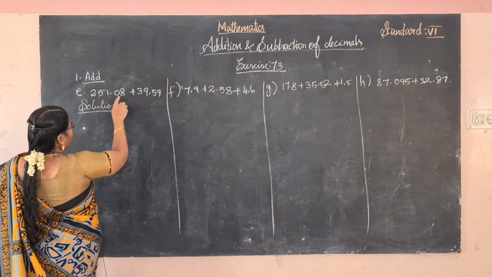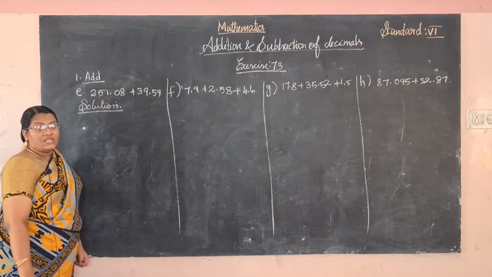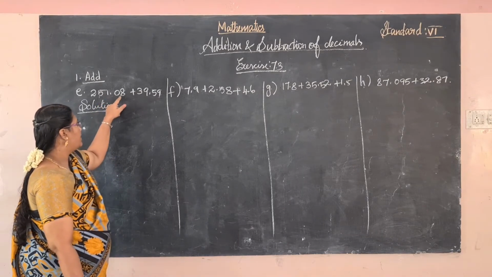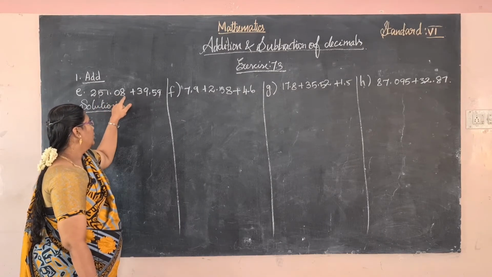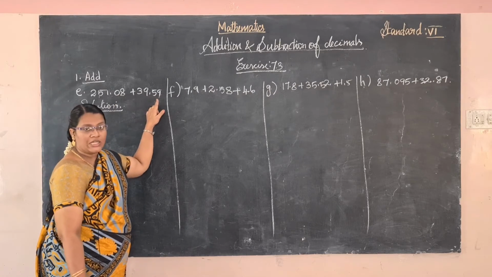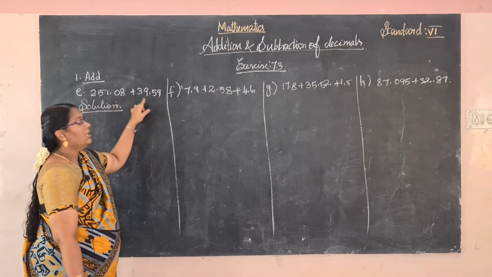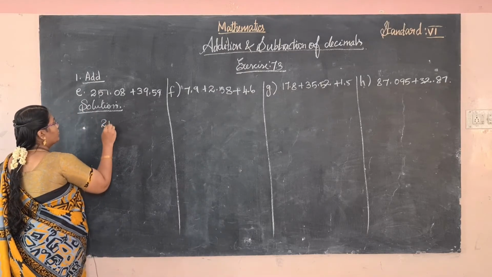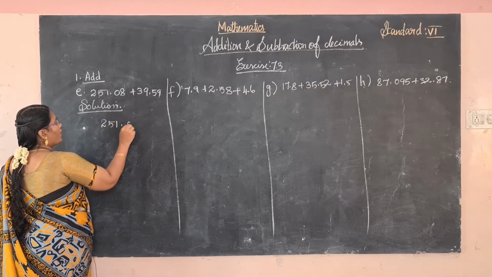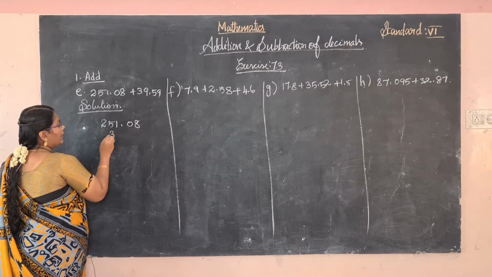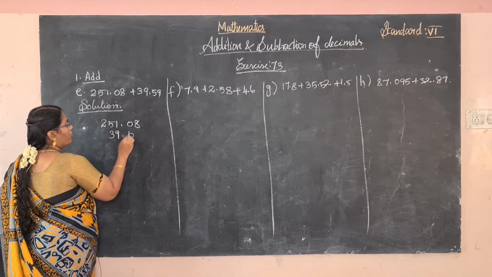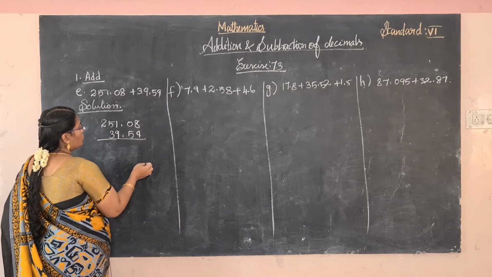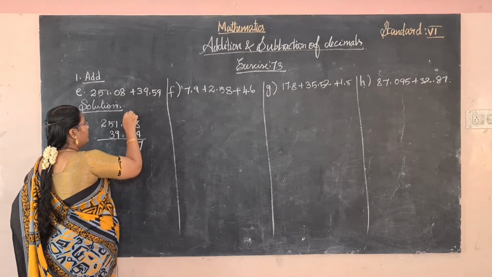First check whether the given decimals are like decimals or unlike decimals. See here the number of decimal places is 2. Here also 2 decimal places. Therefore the given decimals are like decimals, so directly we can add. So 251.08 and 39.59, add these two values. 8 plus 9, 17.